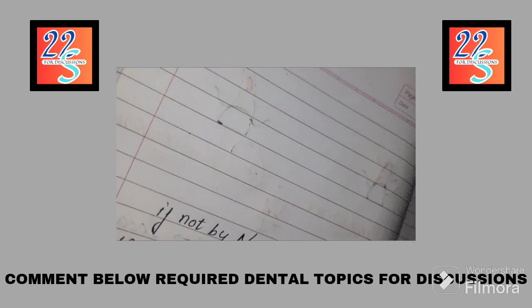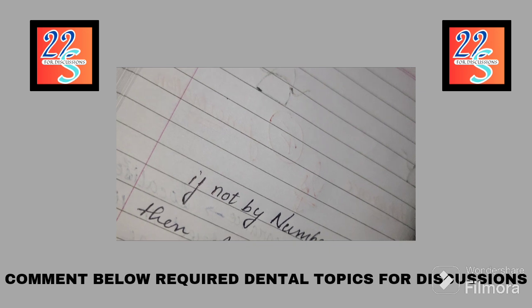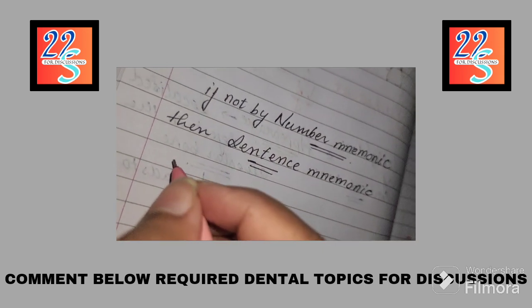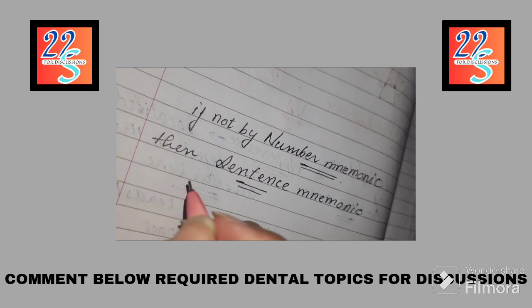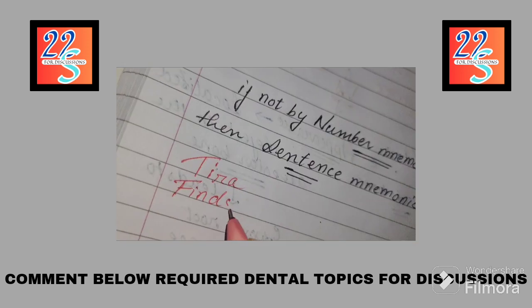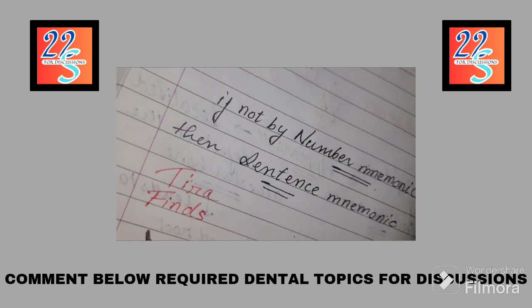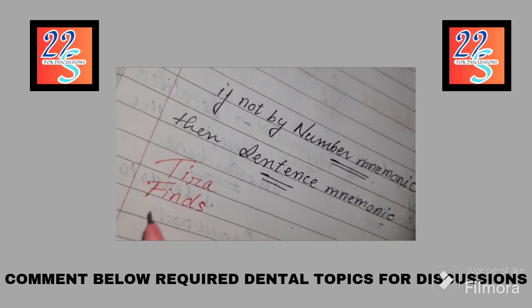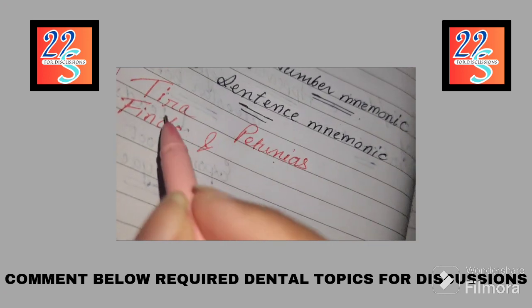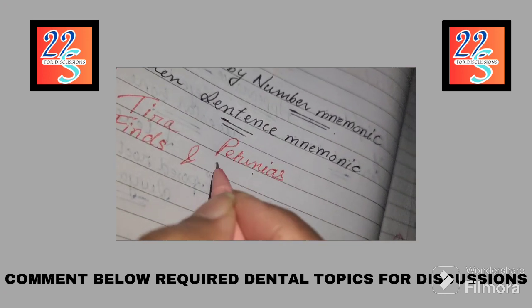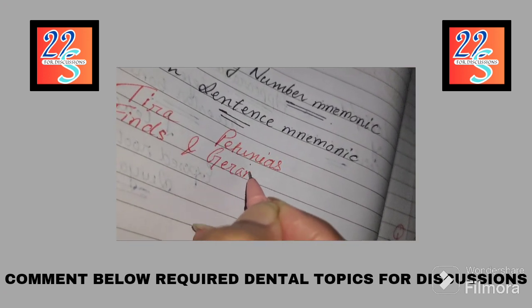And now the sentence mnemonic, or the verbal mnemonic. It's a sentence. So first let's begin. Tira finds petunias and geranium. Petunia is a flower, and geranium is again a flower.